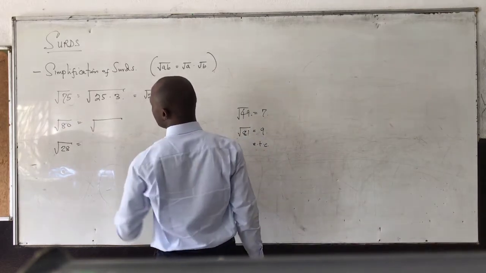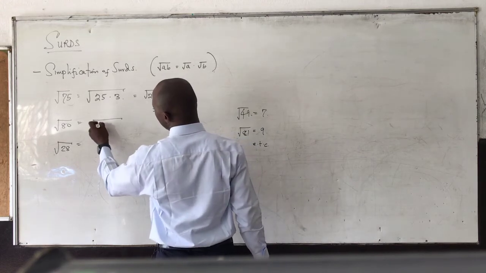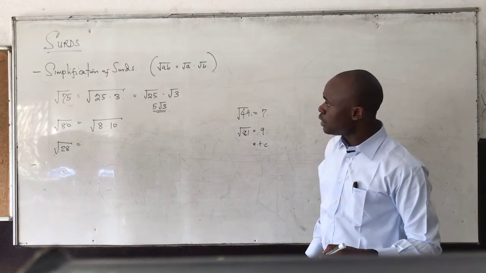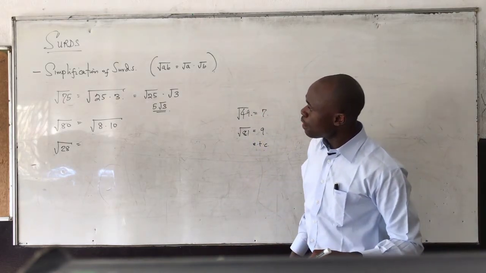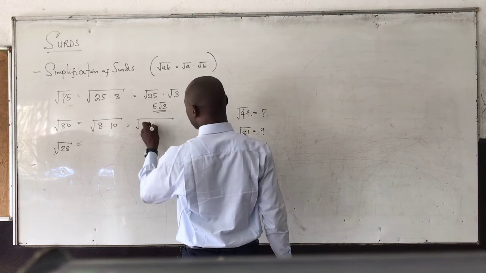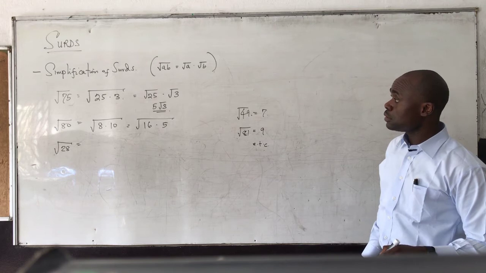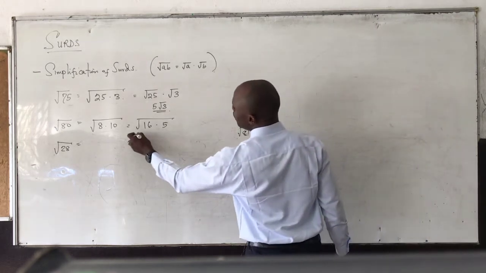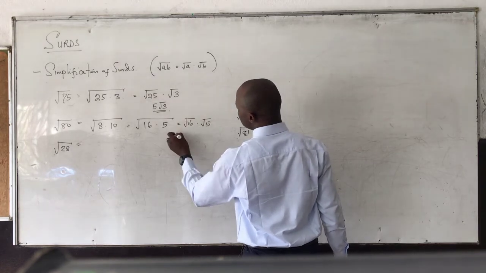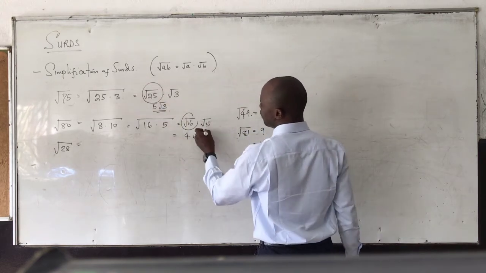This can be written as, I can decide to write that as 8 times 10, or simplify this as 16 times 5. That also can be 16 times 5. And this can be split into square root of 16 and square root of 5, and square root of 16 is 4, because it's a perfect square, and I have this at the end of it.